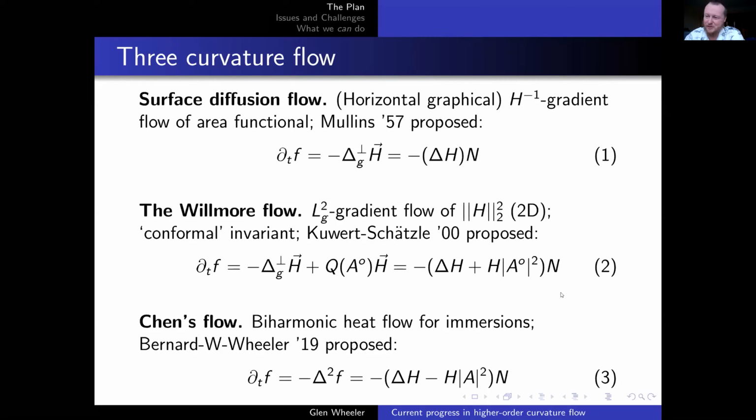So I feel like before we move on to more exotic types of Willmore flows in high dimensions, we should first show that this one already does not do the job. But in fact, it's just very hard to analyze in other dimensions. For Chen's flow, I really think this is more like a biharmonic heat flow, and it should enjoy a good L2 theory. From its application point of view, for the spectral decomposition of immersions from B.Y. Chen, it's useful in any dimension.